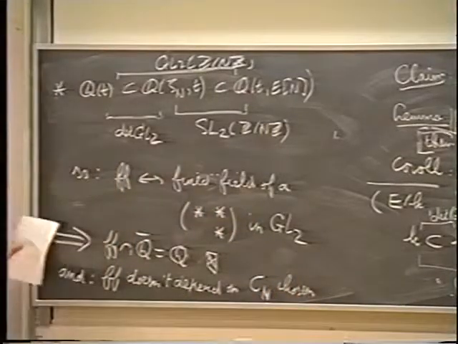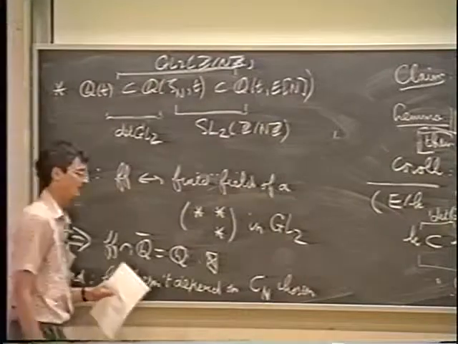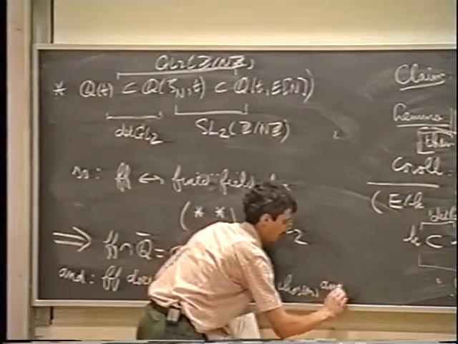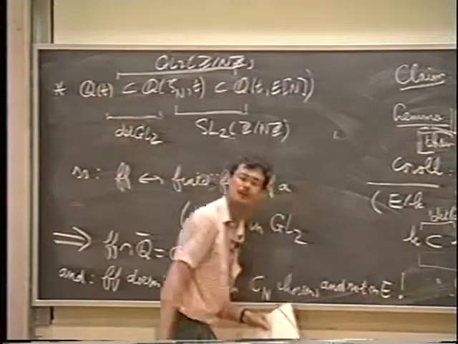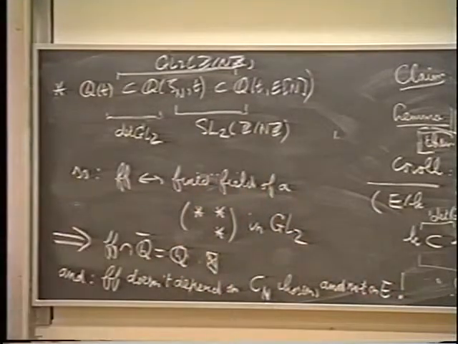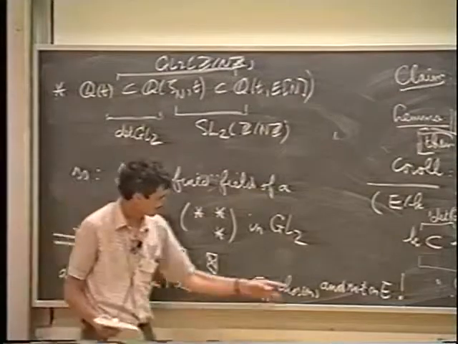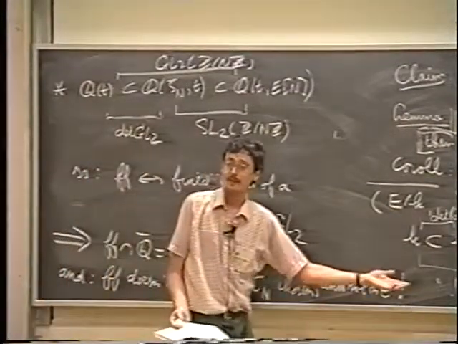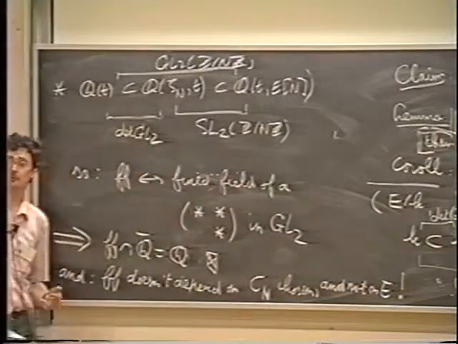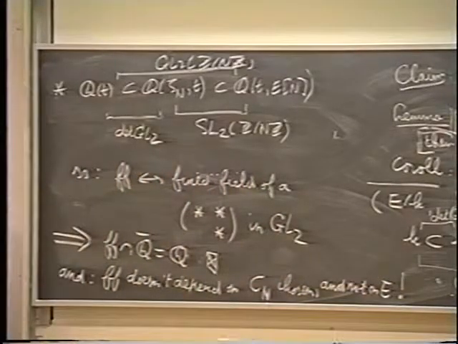And the next step, it also doesn't depend on the E chosen. Why is this? Well, the reason why it doesn't depend on E is that this E has j-invariant t. So if I picked another E having j-invariant t, the two E's, well, they are twists.